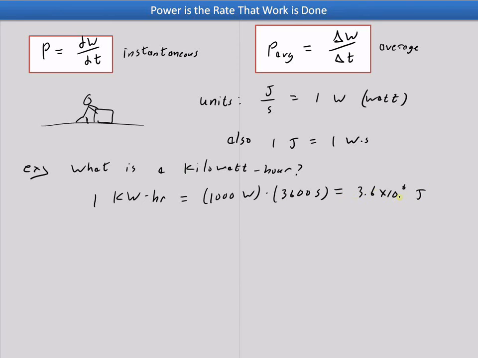So 3.6 times 10 to the 6 watt seconds, or joules, which is 3.6 megajoules. A kilowatt hour is 3.6 megajoules, and that costs a few cents from the power company, who actually sells you energy or work. They're an energy or work company, not a power company.